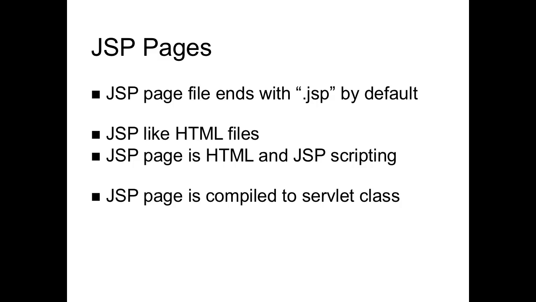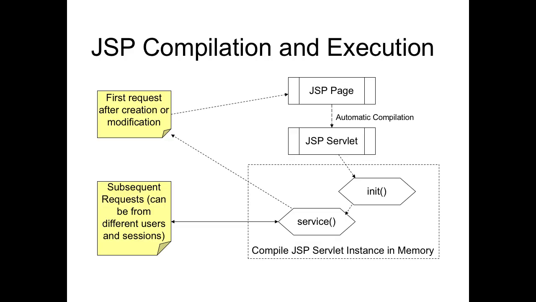JSP pages typically end in .jsp, and they look very similar in content to HTML files, except they have some extra stuff associated with them, extra tags. When you first visit a JSP page, you get an automatic compilation, and that converts into what's called a JSP servlet.